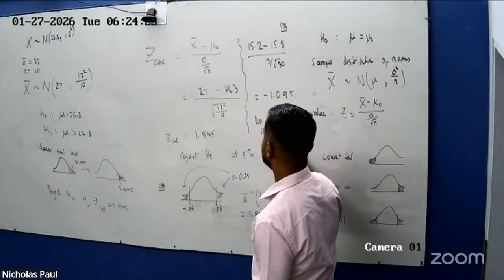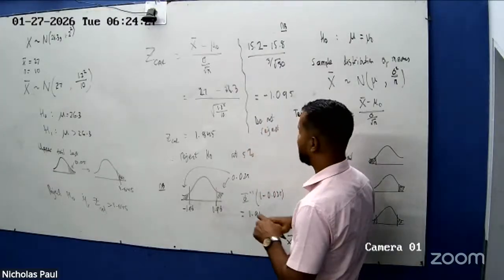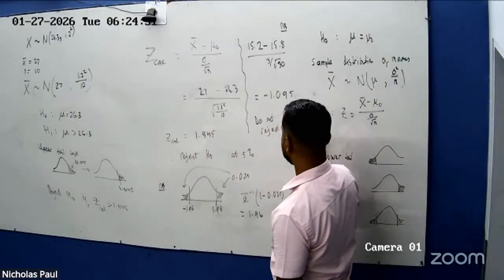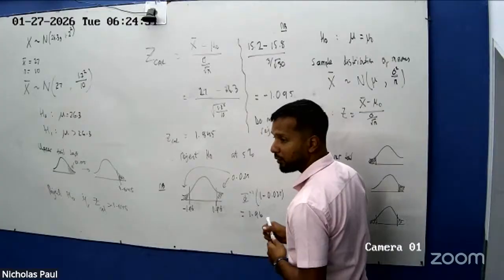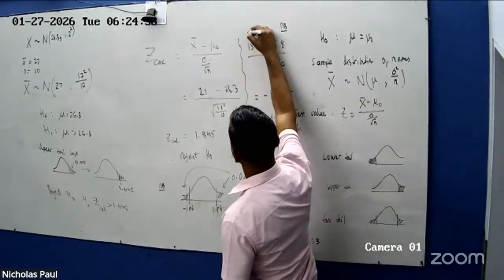You say we do not reject the null. This has a scenario, but just put at 5%. So you reject the first one, part B, and for part A we do not reject.